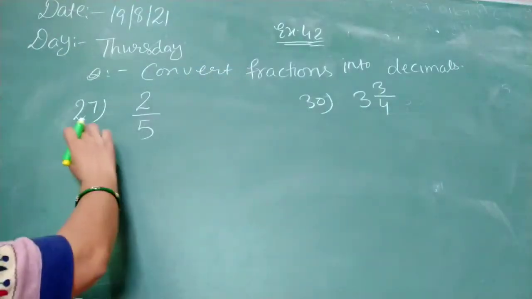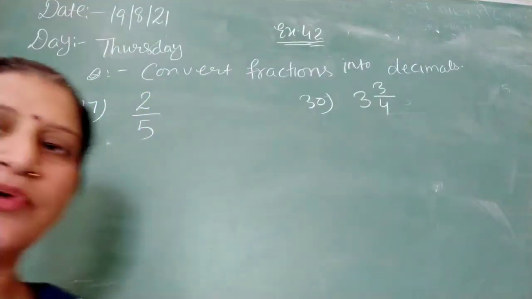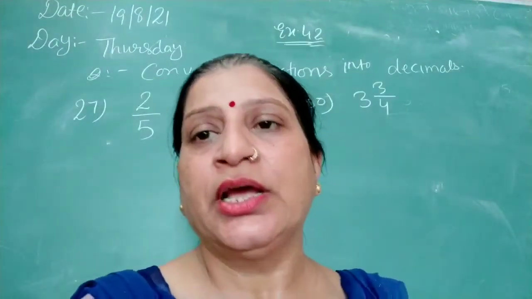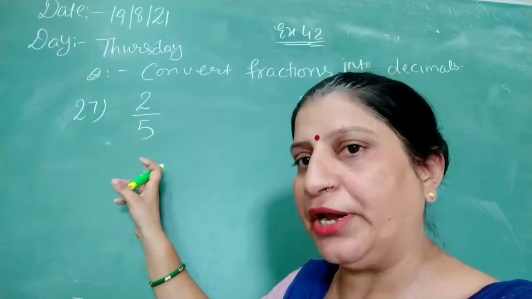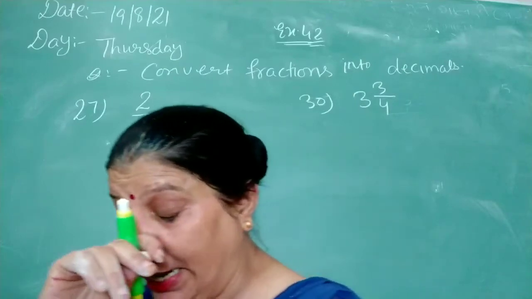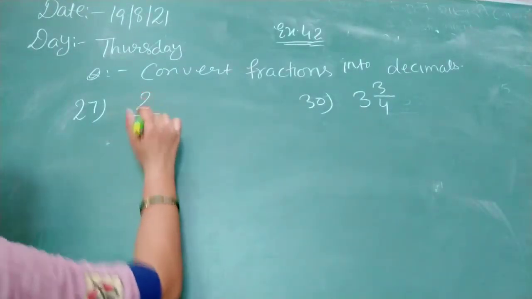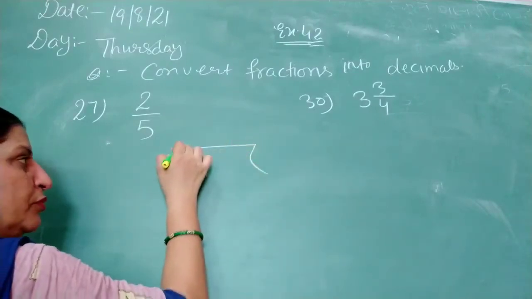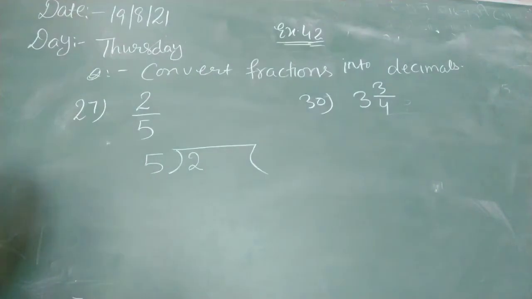Now in question number 27 we are given the number 2 by 5. Now in this question we see that there is no zero at the place of the denominator. So it means that in that case we have to divide the number. Here we write the numerator and here we write the denominator.